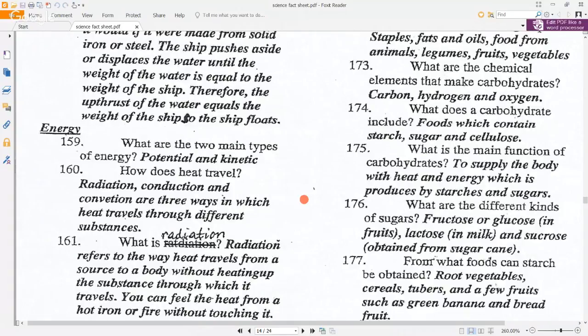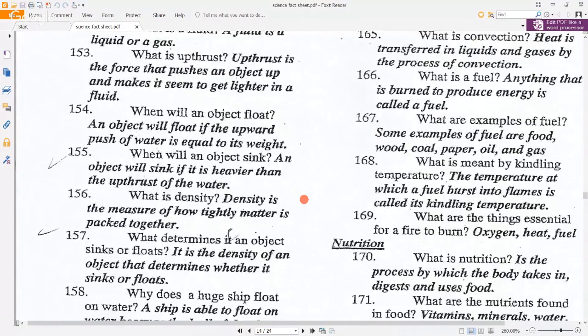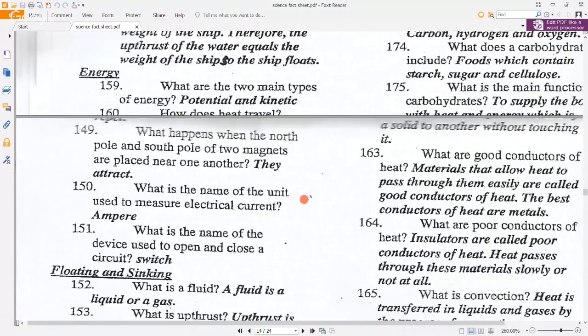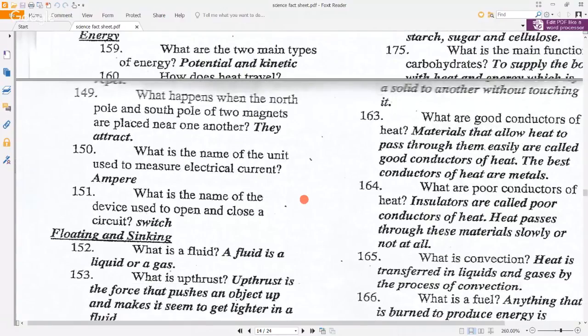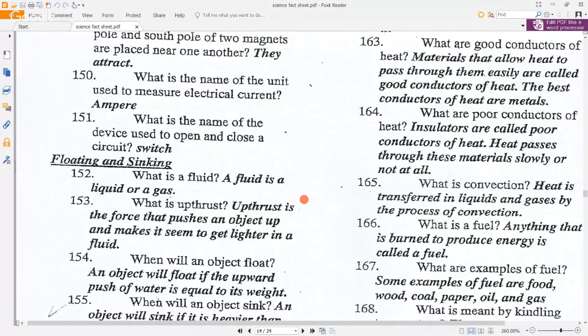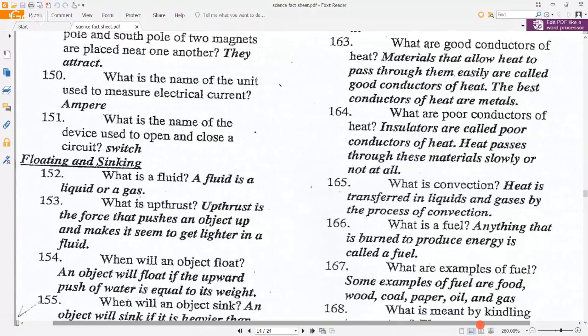Let's go to the next one for this page. 163. What are good conductors of heat? Materials that allow heat to pass through them easily are called good conductors of heat. The best conductors of heat are metals.